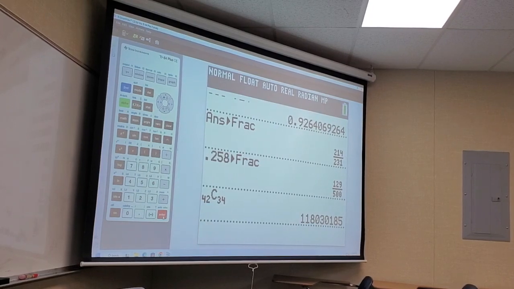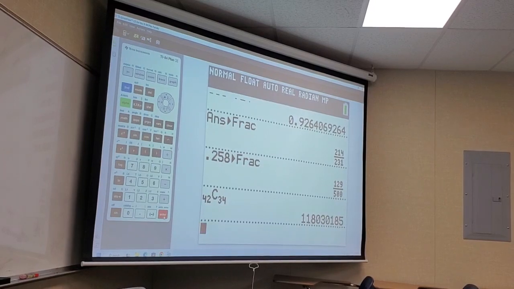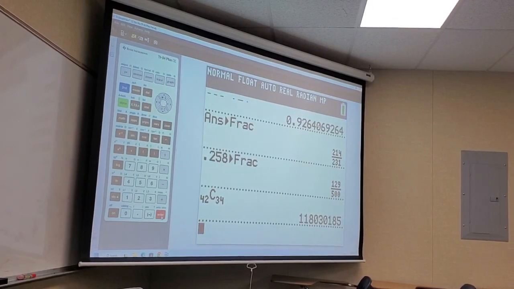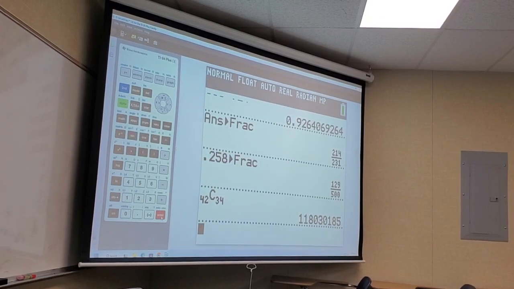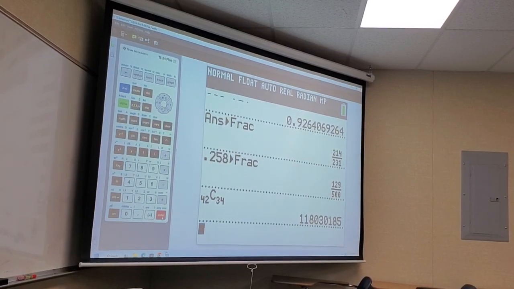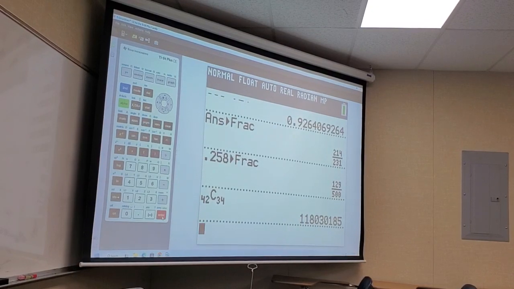First problem we did, I made the entire list because there's only 5 things. And that's where the number came from. That's where this number comes from, is how long is the list. Because how many of these do I have is how many entries there are, right? So to get this number, it was 5 at first, but to get it for us, it would be 42 choose 34. So in the calculator, I could put 42 choose 34.